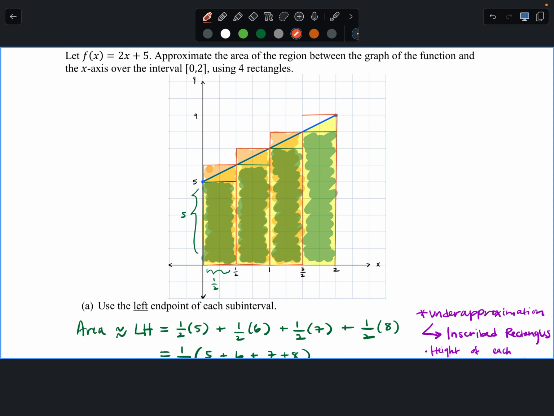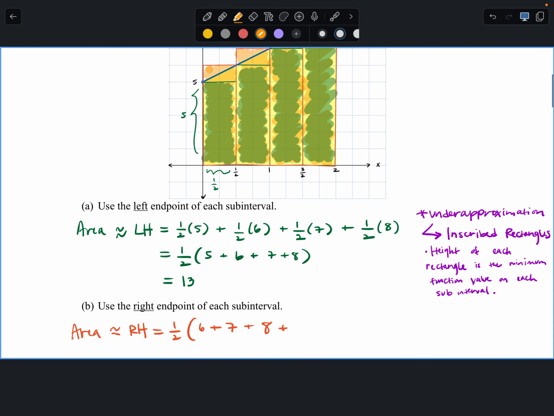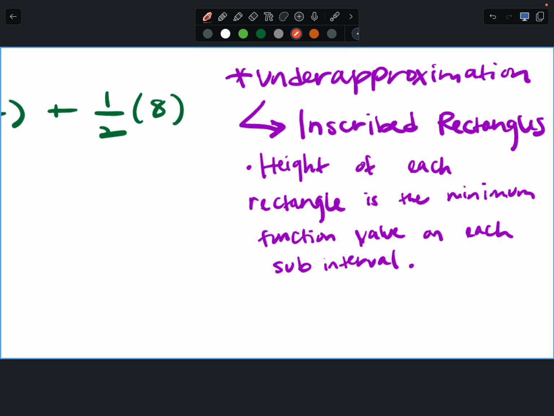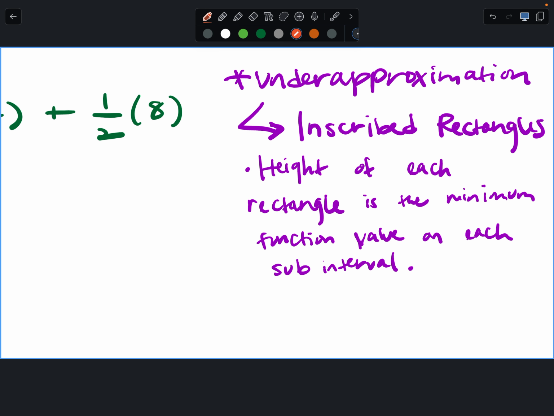Can I see the full definition for inscribed rectangle? Yeah, hold on. There you go. My favorite, I guess it's not a meme. What is it if it's a video? Is it still a meme?